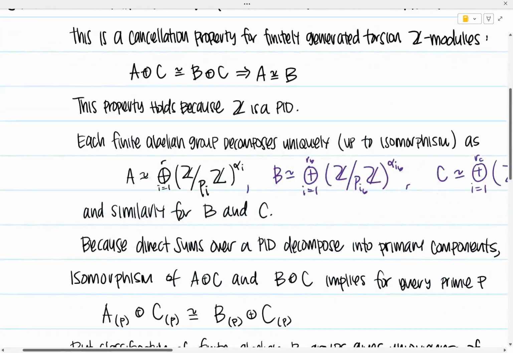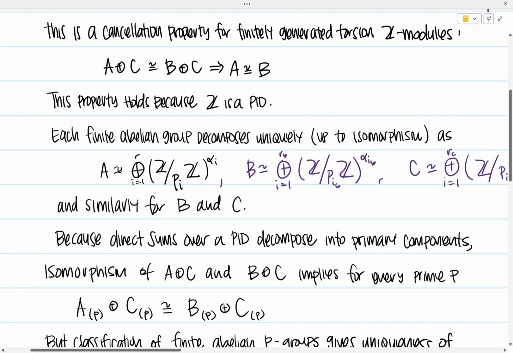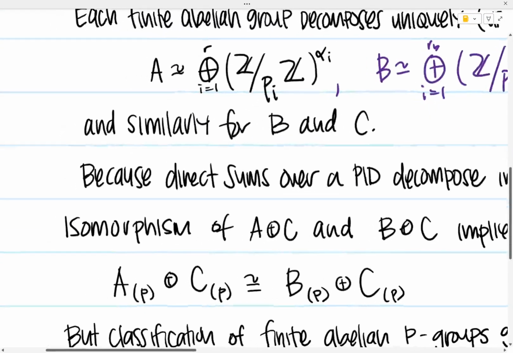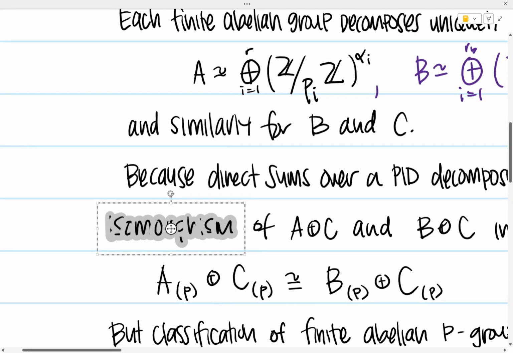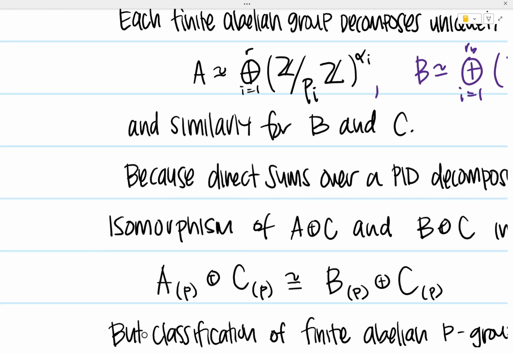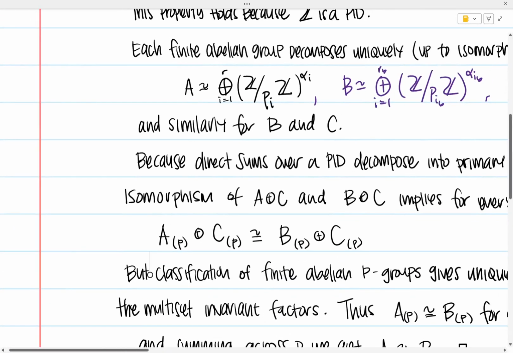The isomorphism of A direct sum C and B direct sum C implies, for every prime P, so for every P here, A indexed on P, we're just taking it for every P, right? Every P can be mapped this way, piece by piece. So now we just decompose it and we map the powers. A_P direct sum C_P is isomorphic to B_P direct sum C_P.